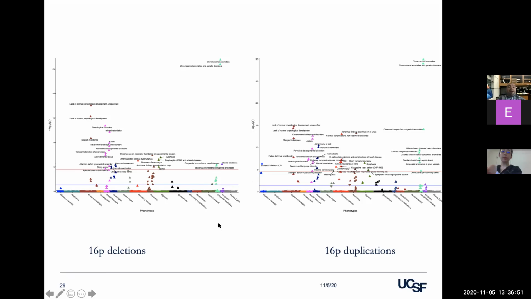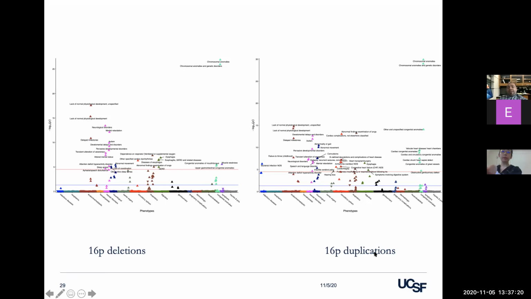And what we find is phenotypes are both known and novel. So for example, here at 16p deletions, we have autism, mental retardation, muscle weakness. Those are all known phenotypes of 16p deletions. We also find things like sleep apnea, which is not a phenotype that's been observed in 16p deletions.